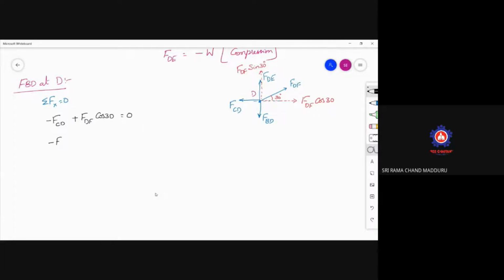So minus FCD plus of minus 2W, cos 30 is root 3 by 2. So FCD is minus 2 root 3 into W.